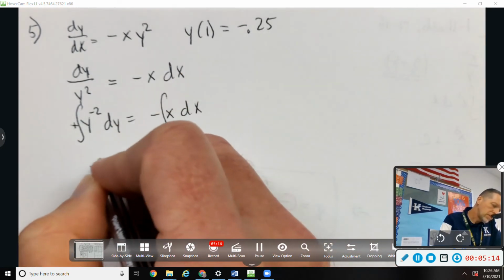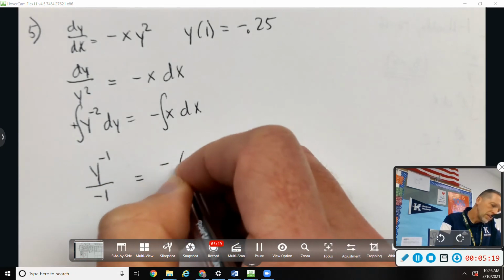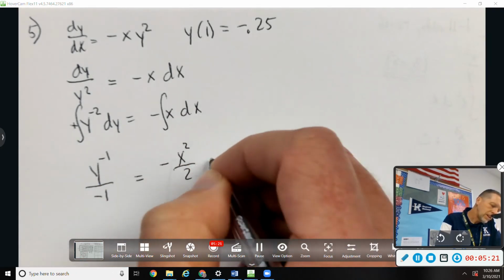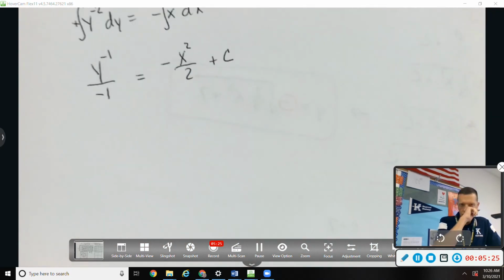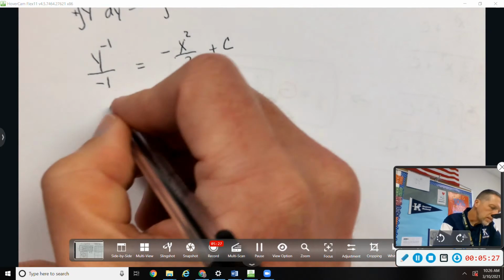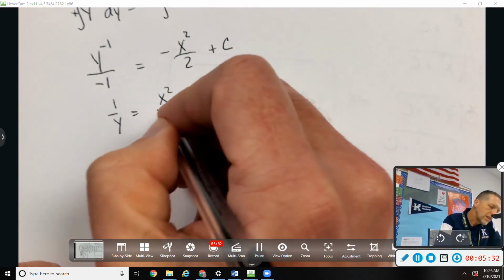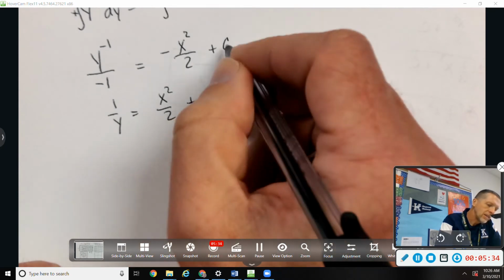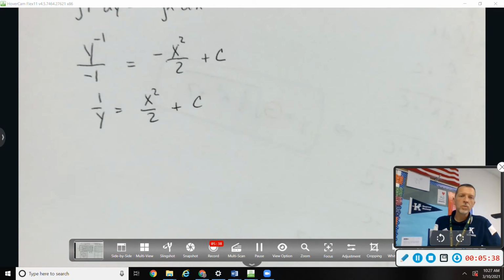So increase the power by 1, divide by the new power. Same thing on this side. Oh, this one's going to have some algebra in it. 1 over y. I'm going to multiply through by negative. And again, c. So those are different c's, but it's still an unknown c, so I don't have to worry about it.